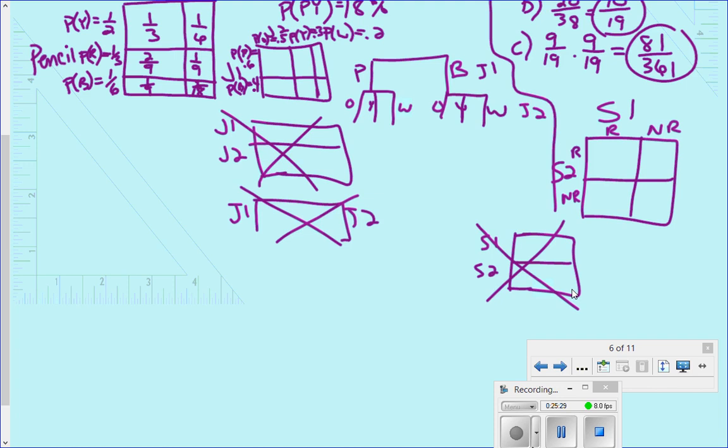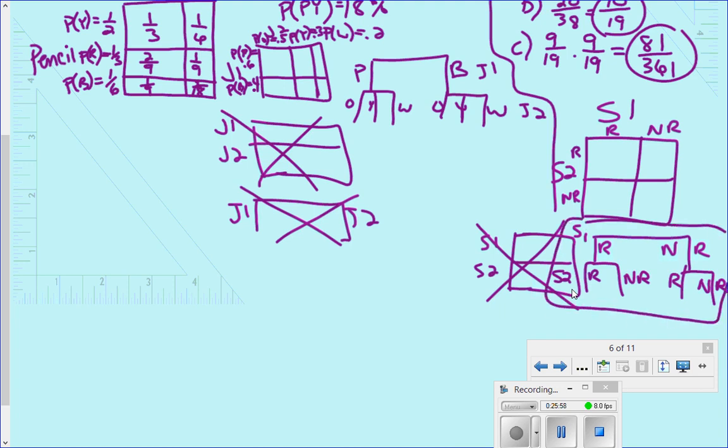So my choices for spin 1 are either red or not red. And that layer represents spin 1. So then my next layer, my choices are red or not red. Again, red or not red. And that layer that I just drew represents spin 2. Okay, so that's the correct setup for the tree.